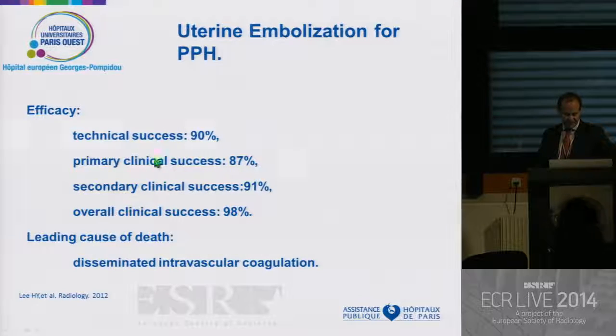In terms of technical success, it is a very high rate, as we can see. The leading cause of death in our cases of failure is usually related to disseminated intravascular coagulation or amniotic embolism.